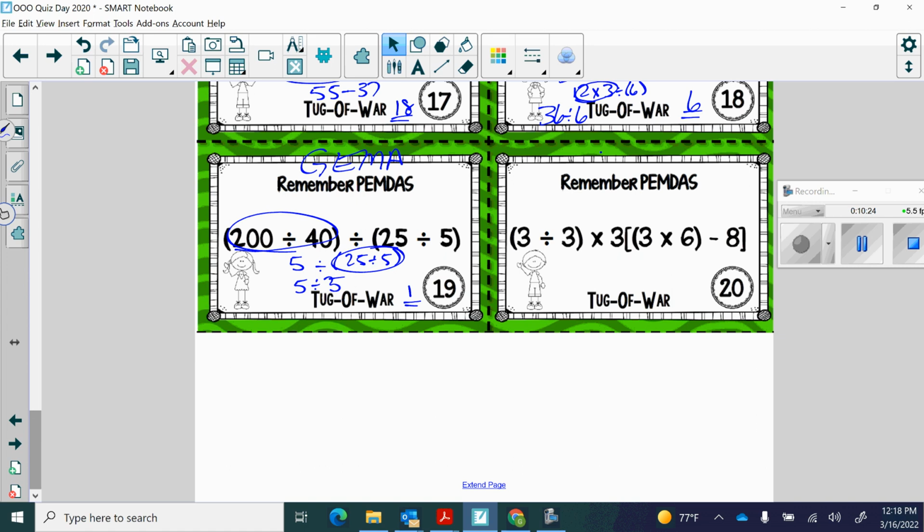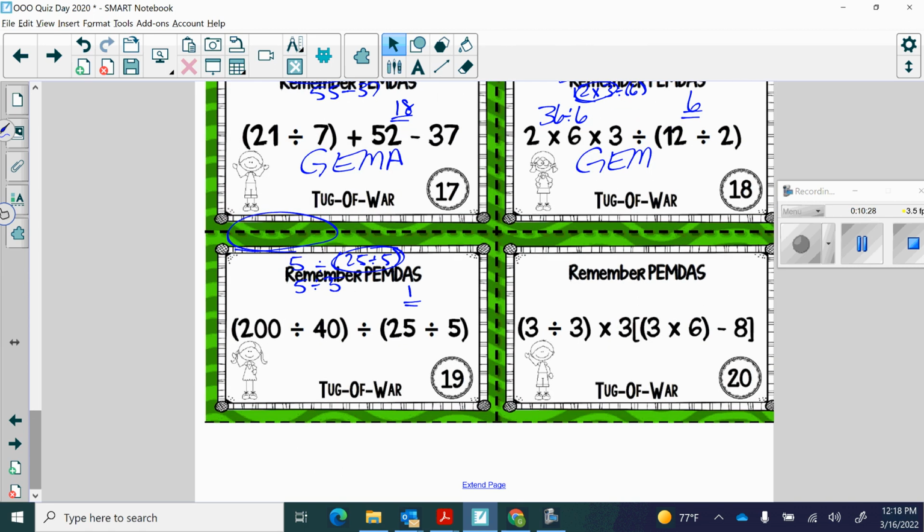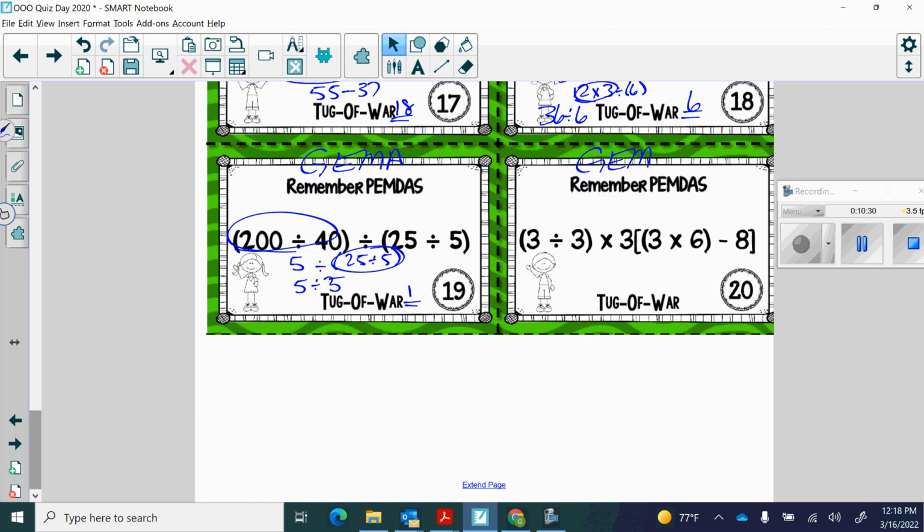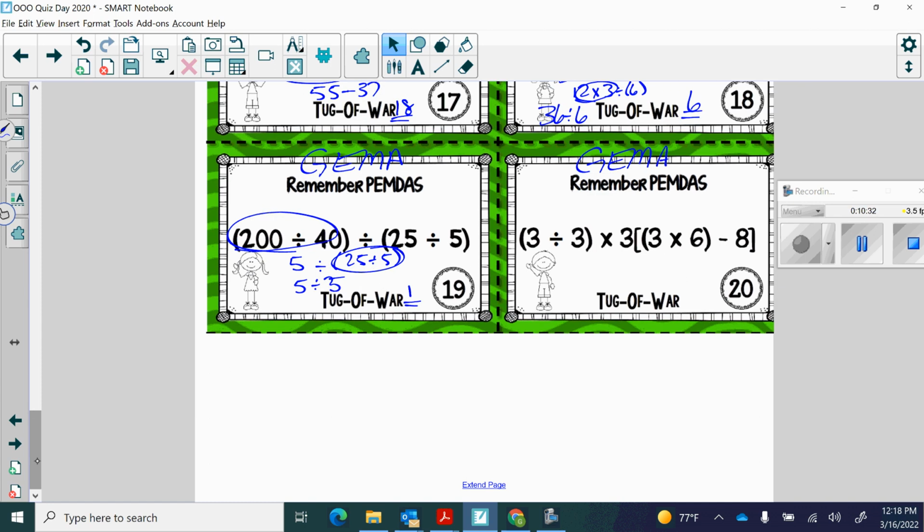And our last one. We have groupings, several groupings again, so we'll start on the left. 3 divided by 3 is 1, times 3, bracket, 3 times 6, parenthesis, minus 8, bracket.